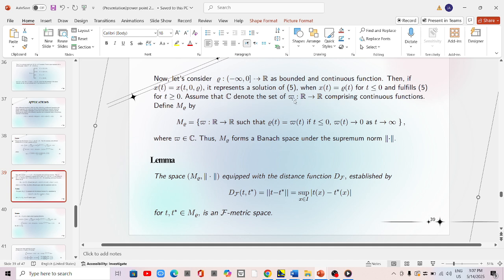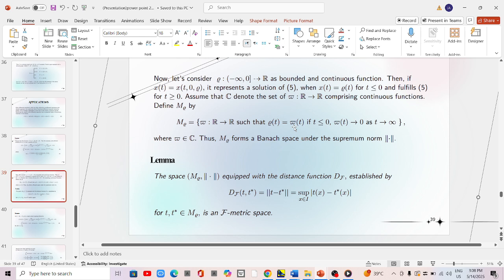So basically, omega are continuous functions, and whenever we say that omega of t is equal to eta of t, here eta of t is a bounded and continuous function. So basically M of e or ME, this is the set of the continuous and bounded functions. It is a non-empty set.